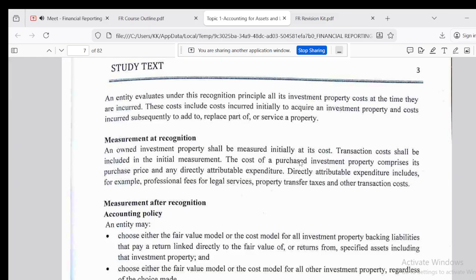Then another point: the cost of a purchased investment property comprises its purchase price and any directly attributable expenditure.